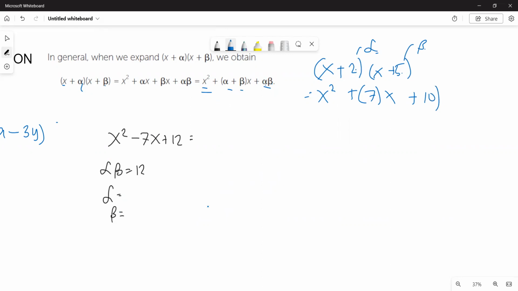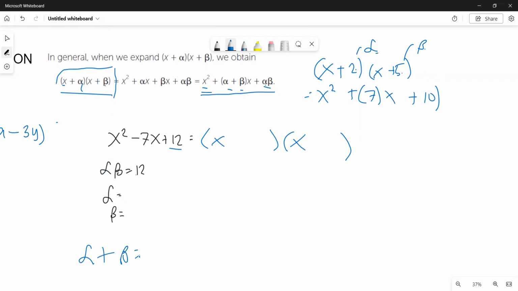Now, if you go for factoring, then you can do the same. This one will be the reference and factor it from going here. So you copy x. What is alpha and beta? We don't know yet. For example, you want to factor, but you know that alpha times beta is equal to 12. Take note that alpha plus beta should be equal to 7.